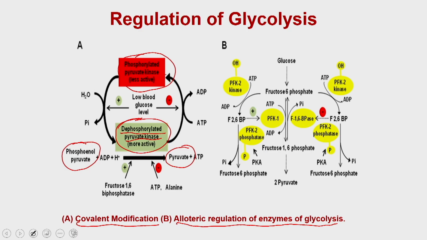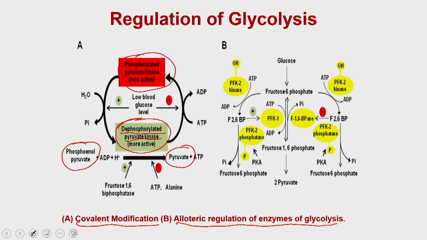When there is low blood glucose, which means glycolysis activity needs to be reduced, the dephosphorylated pyruvate kinase is phosphorylated and generates the less active phosphorylated pyruvate kinase.